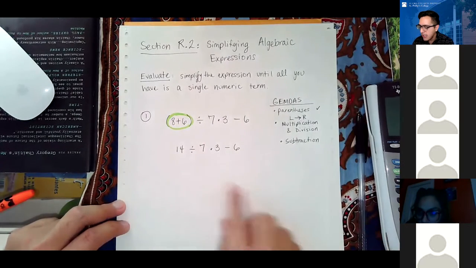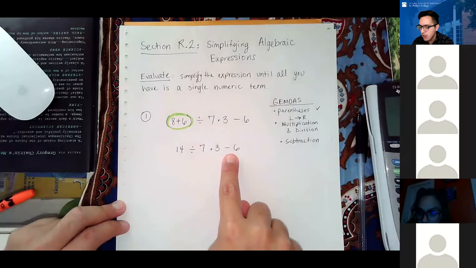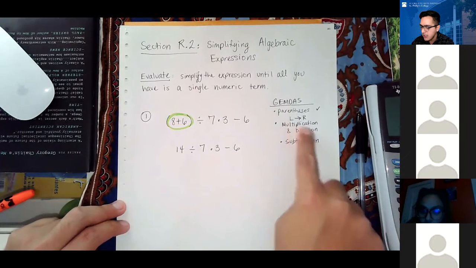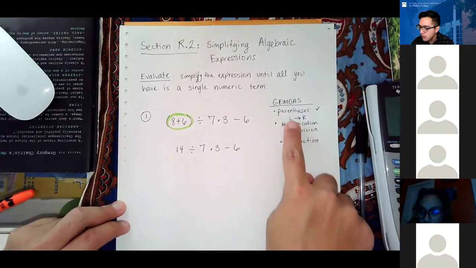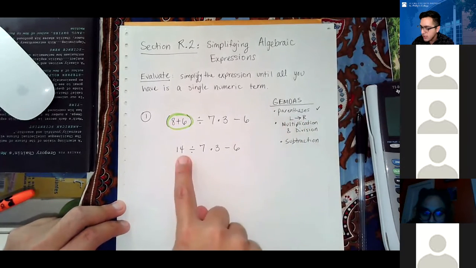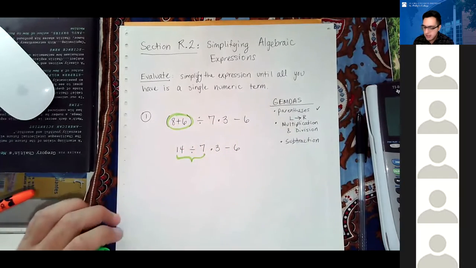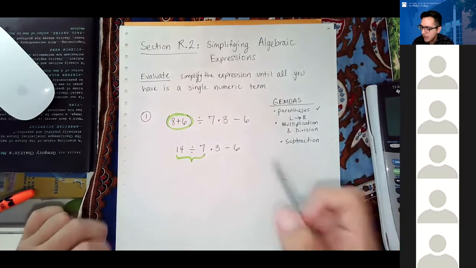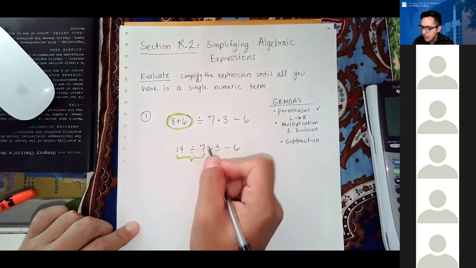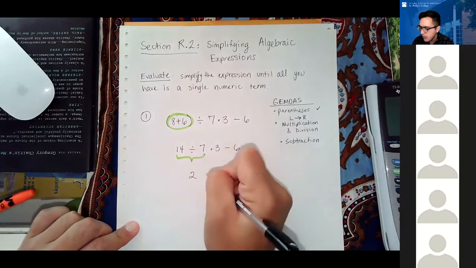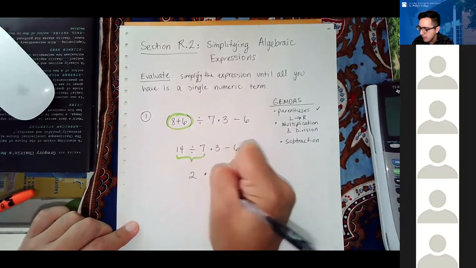Okay, so now we have division, multiplication, and subtraction. And since multiplication and division have the same priority, we have to do those from left to right. And so in this case, the division is going to come first, since that's what is prescribed by our order of operations. So 14 divided by 7 should be 2. We can bring everything else down.